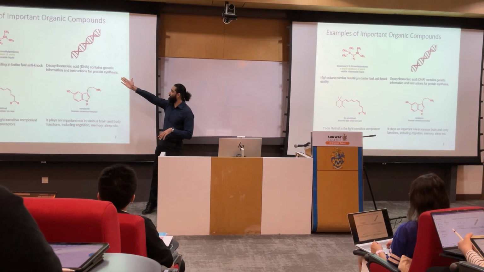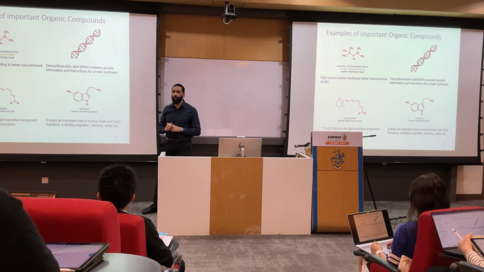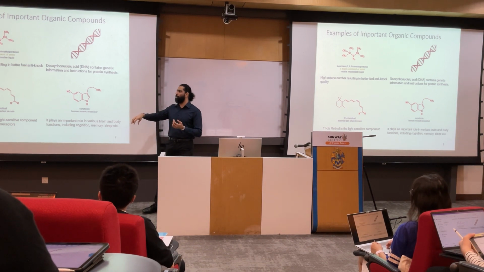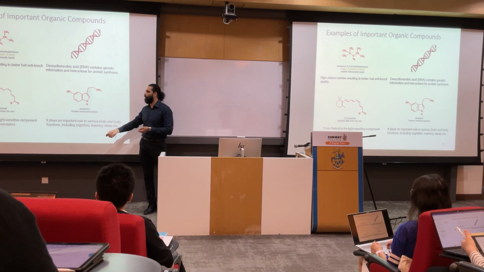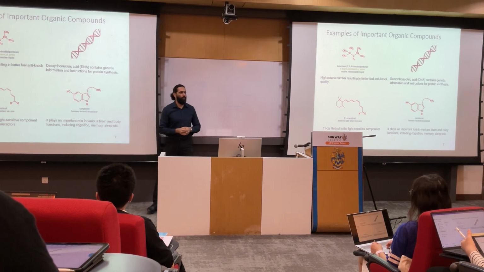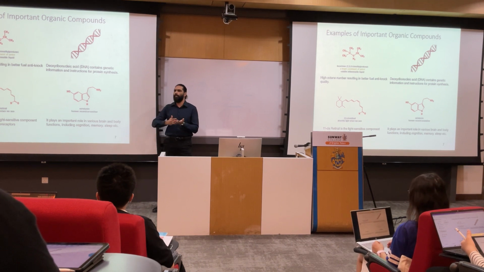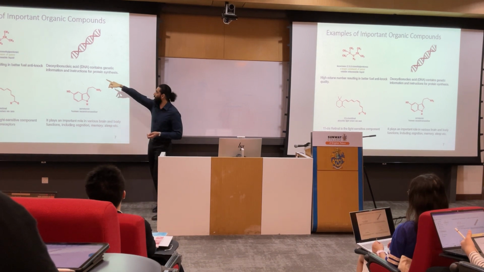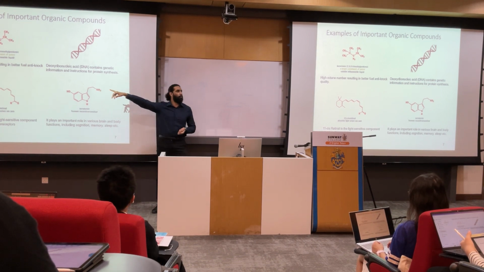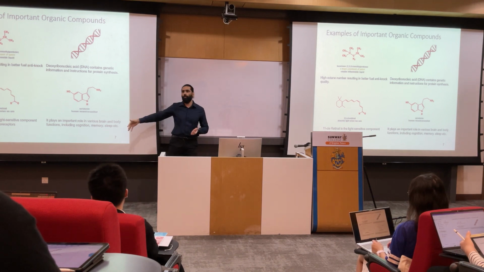One of the examples I've put here is isooctane, which is added to the gasoline that we put in cars. We call it petrol here. Petrol is basically a mixture of alkane compounds like hexane, heptane, octane. In petrol, we also add this compound, which prevents the engine from knocking.